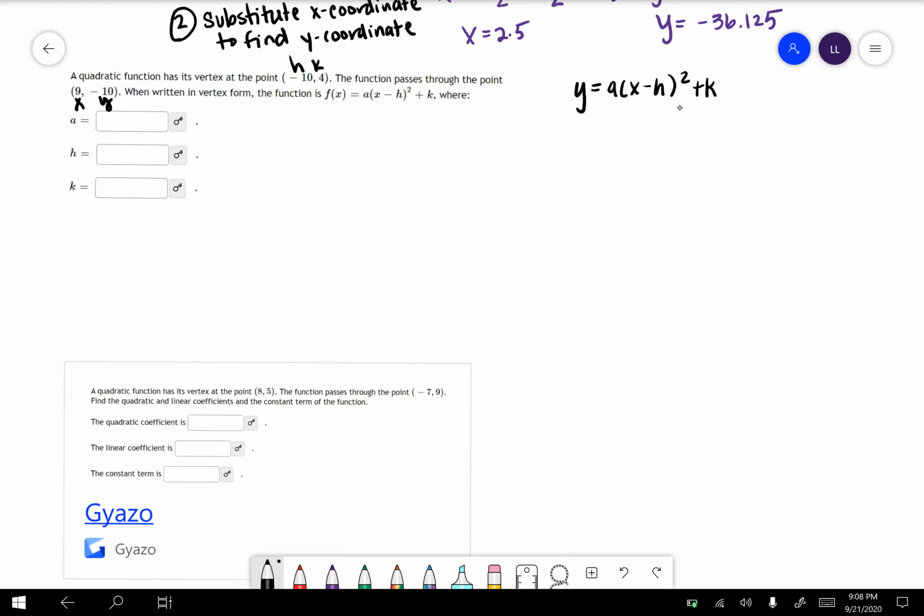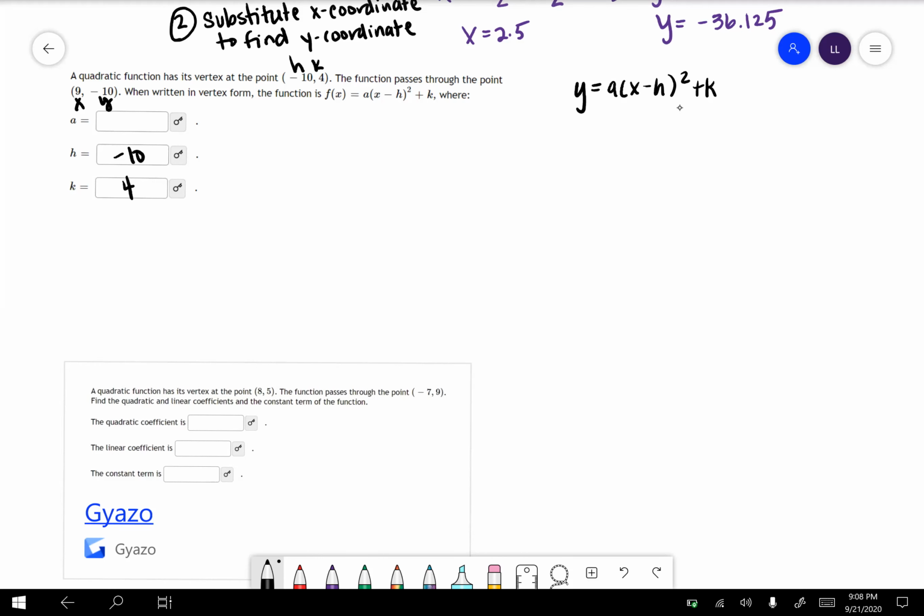When written in vertex form, the function is y equals a times x minus h quantity squared plus k. So let's go ahead and substitute the values in and solve for a so that we can find our function. We can actually go ahead and put h and k into our answers. So h is -10 and k is 4.